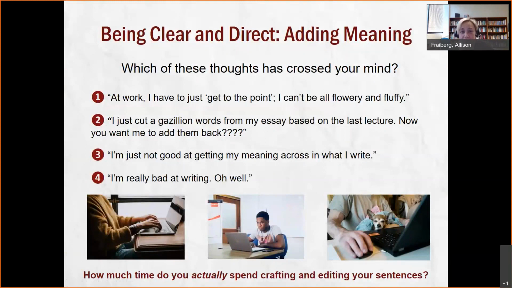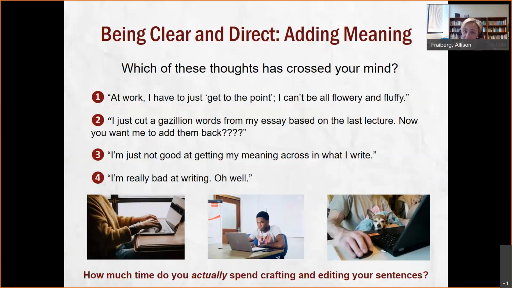Now you want me to add them back? Number 3, I'm just not good at getting my meaning across in what I write. Or number 4, I'm really bad at writing. Oh well. I think we've all been in a place where we've thought these kinds of things.